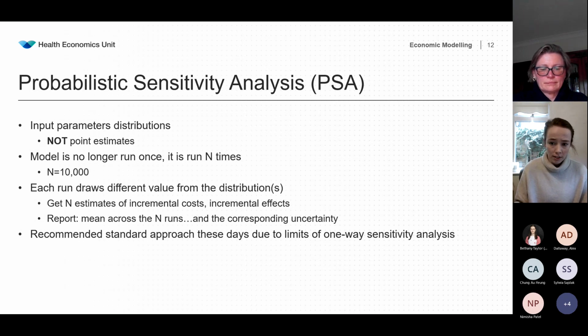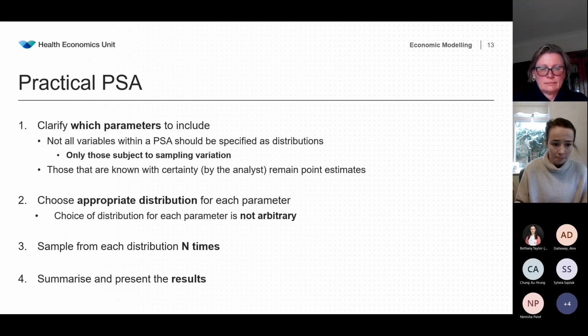So generally, you'll see this included in a model as well. So practically, if you're going to run one, the steps are, you need to clarify which parameters to include. Not all variables within a PSA should be specified as distributions, only those that are subject to sampling variation.